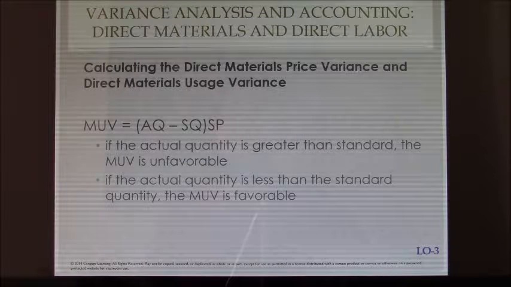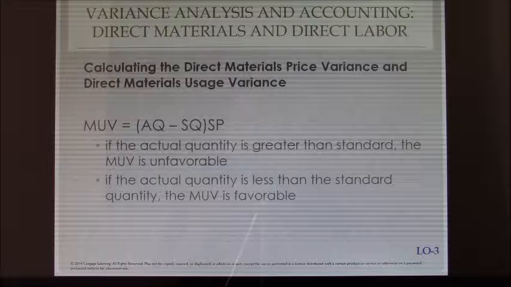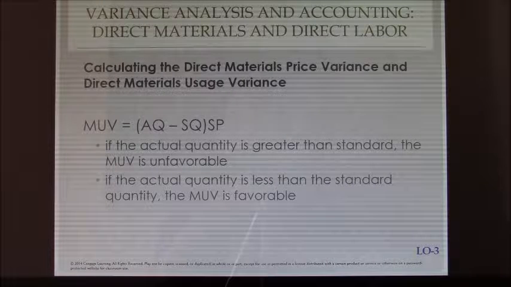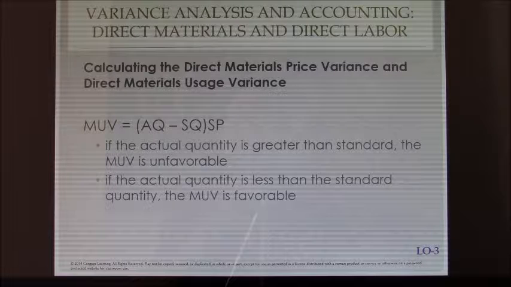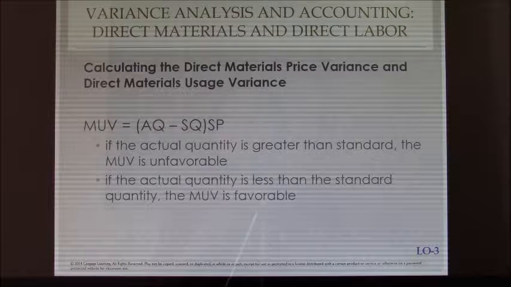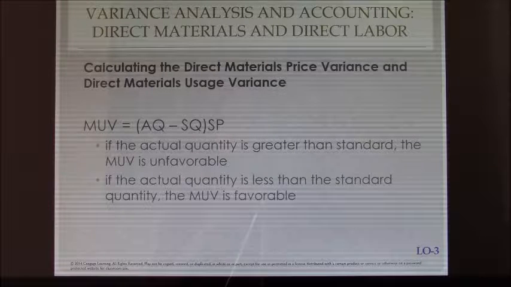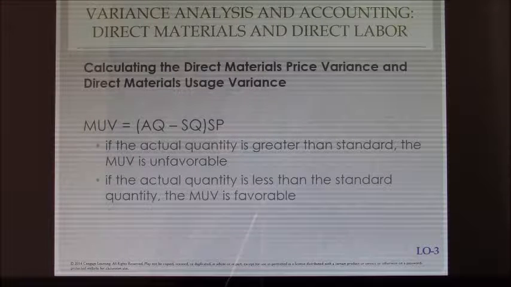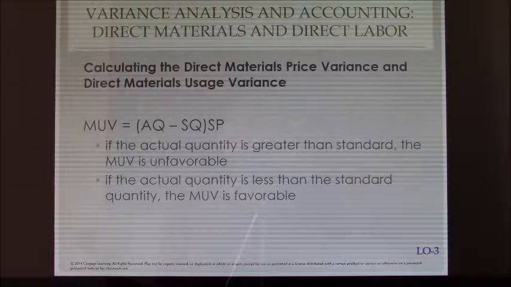All right, and of course, just distribute that SP across both of them, and you can rewrite it as AQ minus SQ times SP. And if that variance is greater, it's unfavorable, because we used more than the standard. If the quantity is less than the standard, it's favorable. We use less than the standard, so that's good. If you use less, that increases the income.